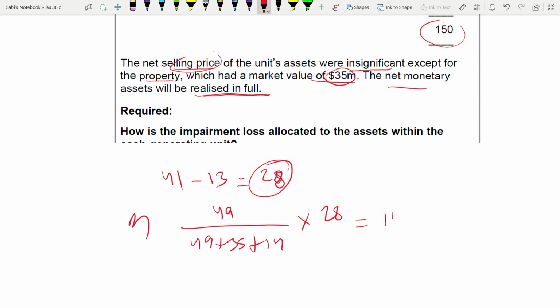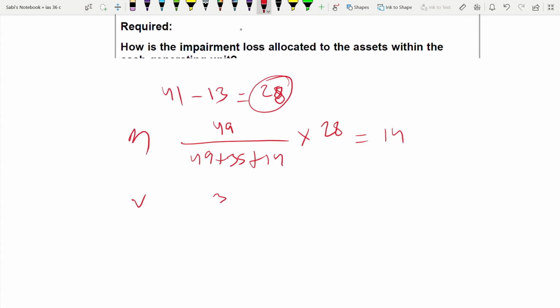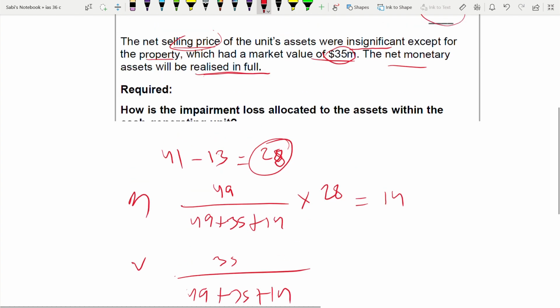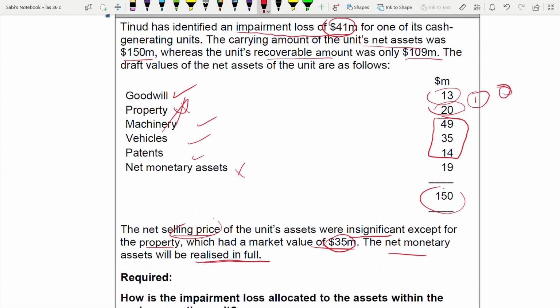So how much are you getting? 14. Let us do for vehicles the same way. It will be 35 over 49 plus 35 plus 14. Only three assets will be there. Why didn't we include the other assets? Because I told you this has no impairment, this was realized in full, goodwill already allocated, so only the remaining three, out of this you have to find the proportion.